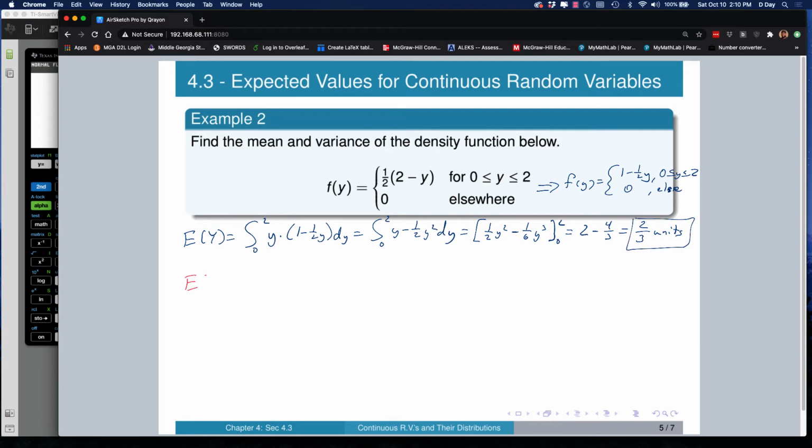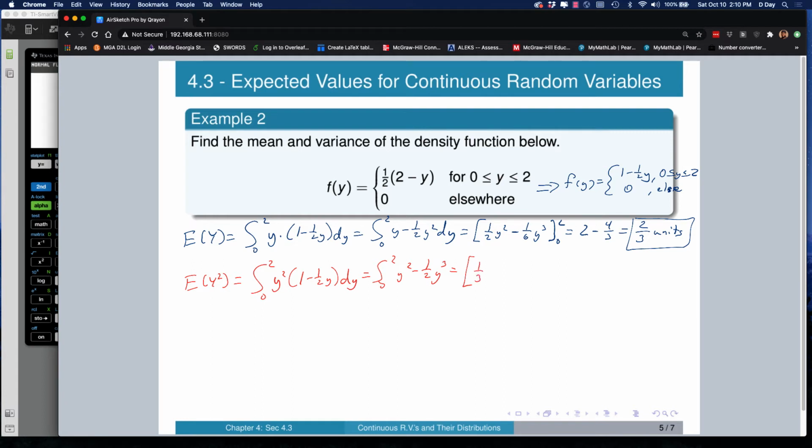The expected value of y squared, similar thing. We're going 0 to 2. Remember, we're throwing in y squared here. It's 1 minus 1/2 y dy. And here that means we're going to go from 0 to 2, y squared minus 1/2 y cubed. And we integrate that.